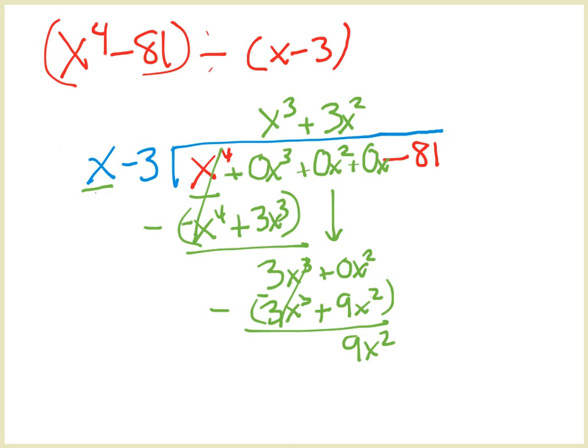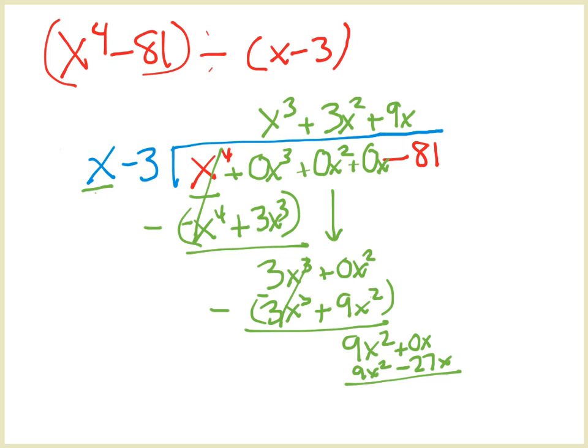Now I'm bringing down my plus 0x, and I'm going to say x times plus 9x, so I get 9x squared, and 9x times negative 3 is negative 27x.